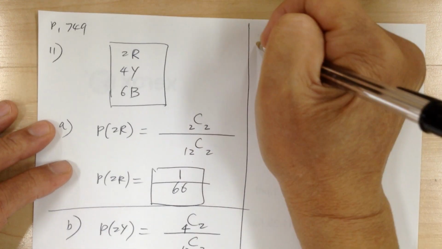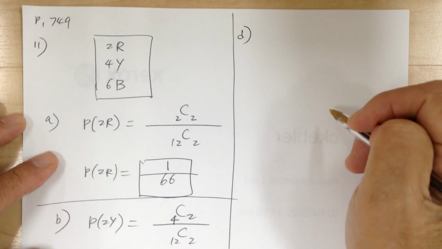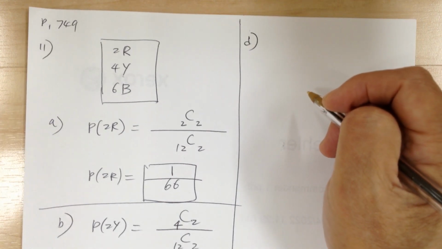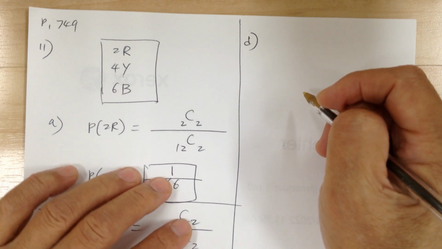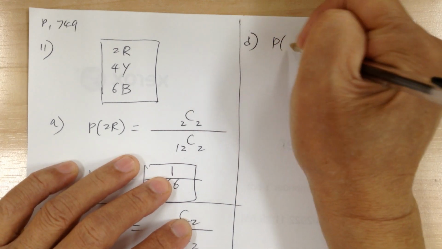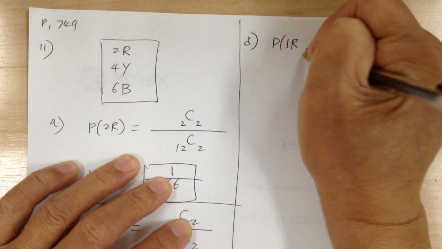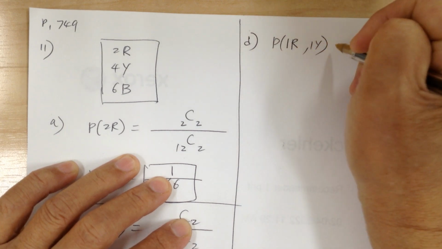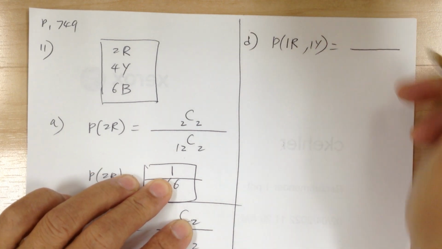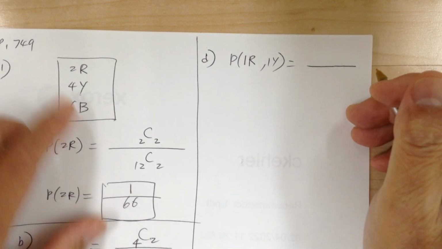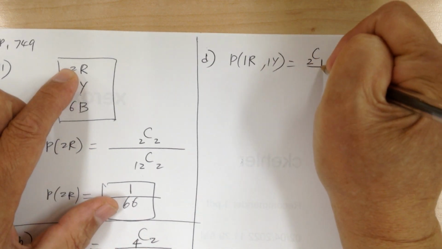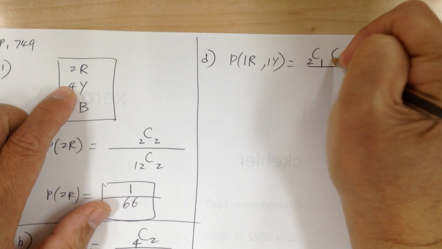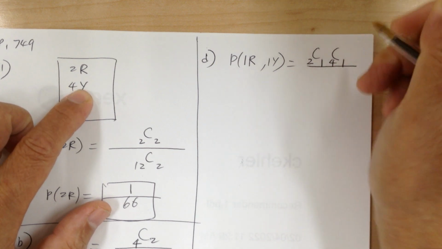Okay, let's go to D. 1 red and 1 yellow. So to get 1 red, there are 2 red, so you want to get 1 red. And there are 4 yellows, and you want to get 1 yellow.